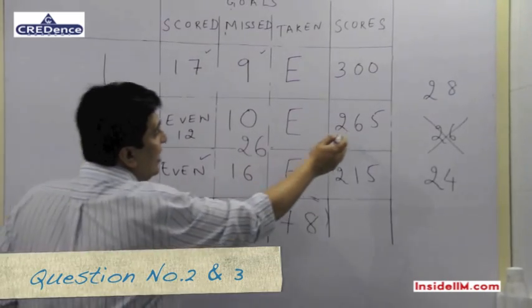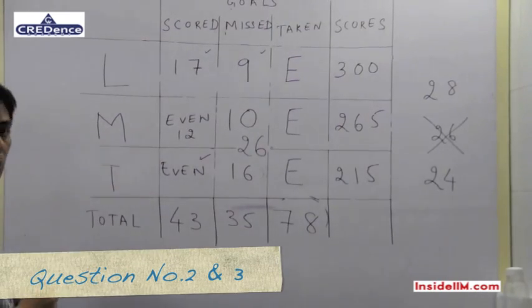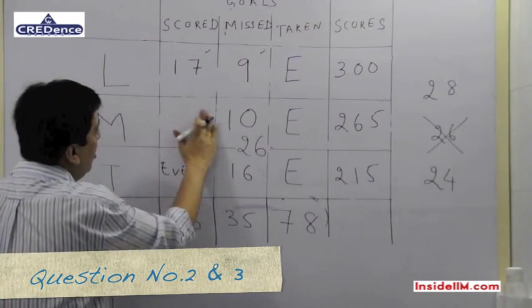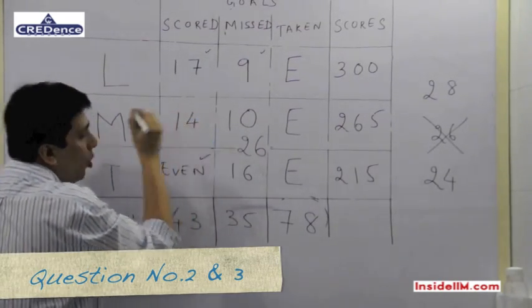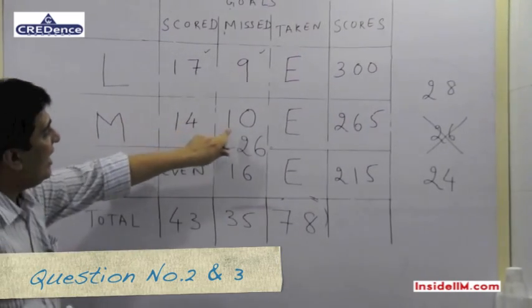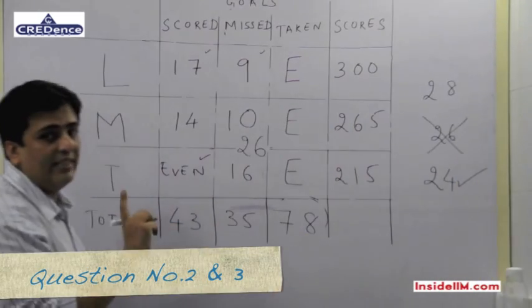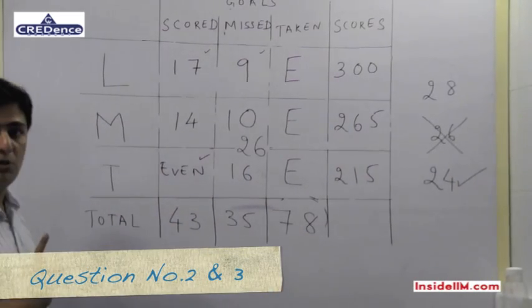Now to reach 265, he'll have to make 140 of his own points. So 140 points means 14 goals scored. 14 plus 10, 24 is a possible option. We are not saying that it is a definite option, but it's a possible option.